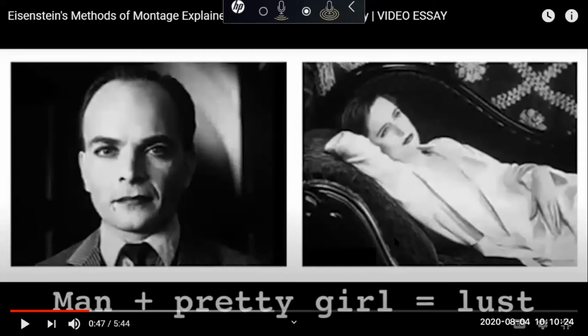When it was man and coffin, it reflected grief, and when it's man and woman, it's about lust kind of thing. Okay, so this is what he basically means by change in the intellectual meaning through images. So just by showing change in the image on the right, he has just created three different meanings.